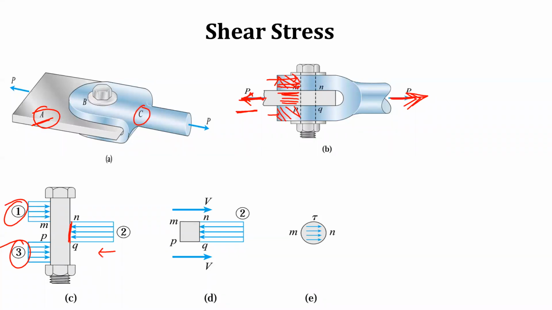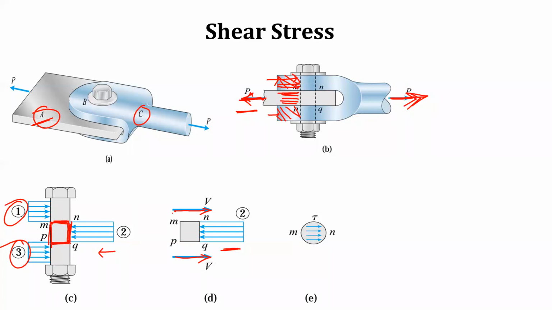Now if I take a cut section of this part here, what will happen? On this cut section I will have this load which is applied by this bar A, and at this side I will have these two forces, and this is called shear force. Now I am taking a cut section of this small part.